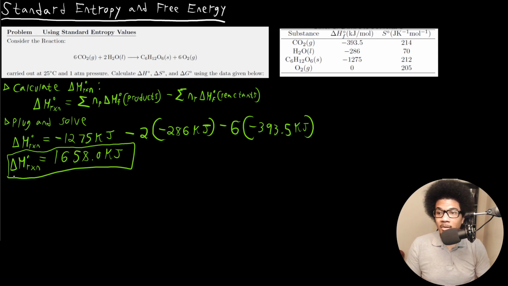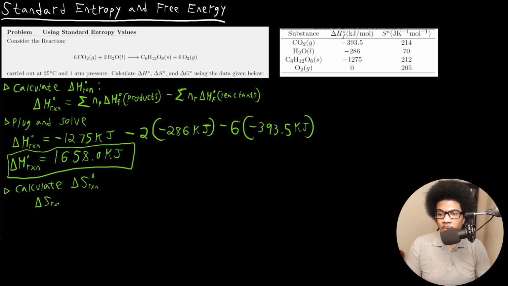So now we can calculate delta S, right? So let's calculate the entropy for the reaction. So we got delta S, the standard entropy for the reaction, calculated in the exact same way. So we use the same Hess's Law type of format. I'll go ahead and write it out here.